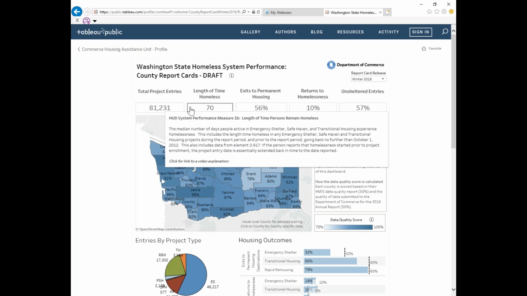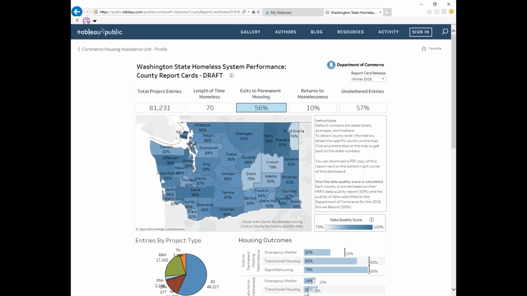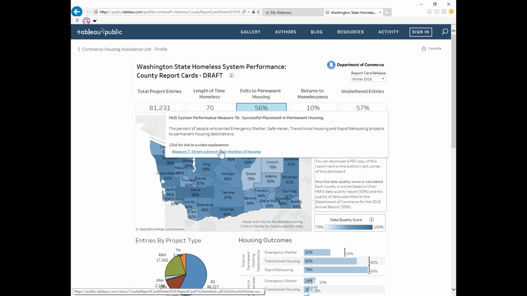For the measures that are from the HUD system performance report, you can also link here to the videos that HUD produces that explain how that is calculated, which I think are really helpful to watch. So this is for length of time homeless. If you click on permanent housing, oh, there we go. See links to the video here.